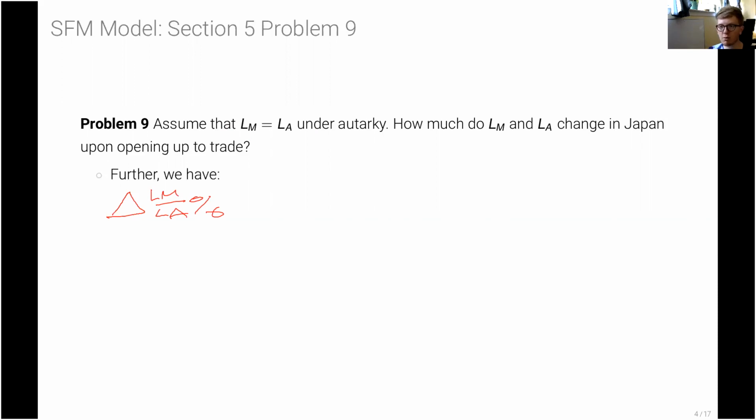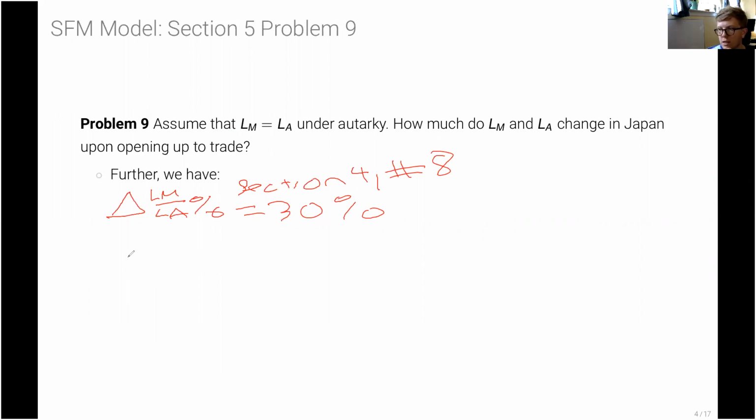This is coming from section 4, problem 8. We know that LM over LA increases by 30% when Japan opens up to trade.